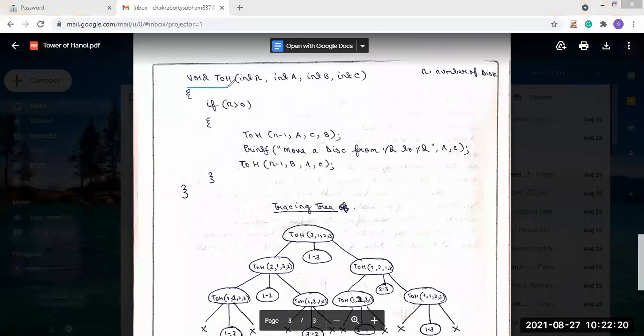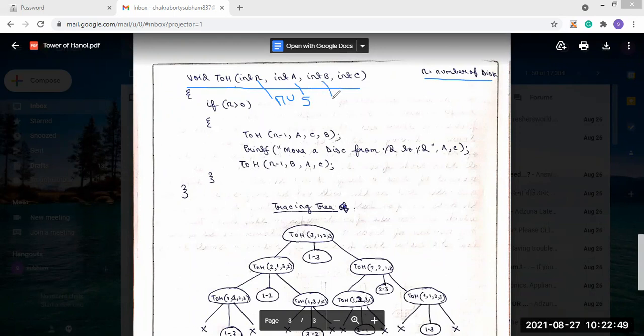Now, this is the function name, void TOH, that means void Tower of Hanoi function, and this function is taking 4 arguments. This n is the number of disks, and int a is the source tower.